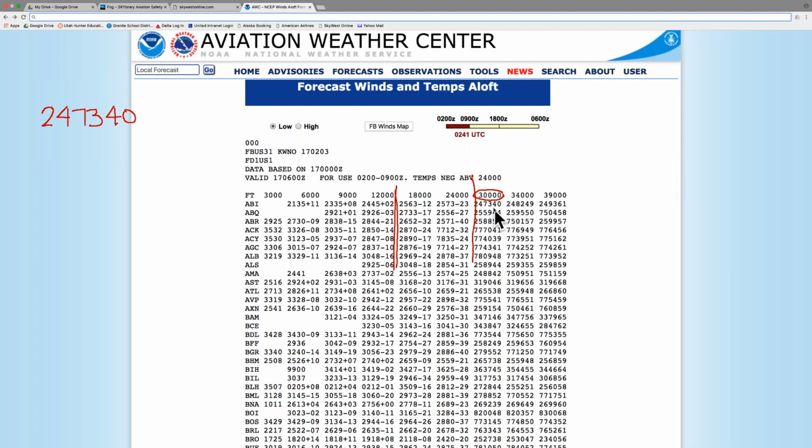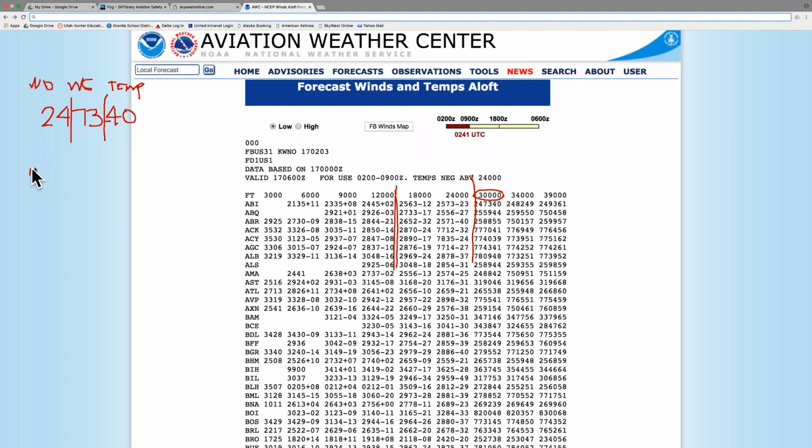There's no way you can get a positive number above 24,000 feet. That's why there's no negative or positive sign at these points, and the numbers just run together. But it's the same exact principle. We break it into 3 groups of 2. This is still our wind direction, wind speed, and temperature. The only difference is we assume the temperature is negative.